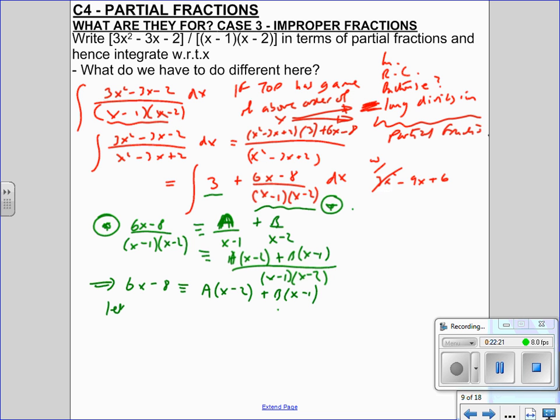So you guessed it, folks, let x equal 2 to make that 0. So 6 times 2 is 12, subtract 8 is 4. So that becomes b is 4. Let x be 1, 6 times 1 minus 8 is minus 2, 1 take 2 is minus 1, so that's minus a. So a must now be 2.